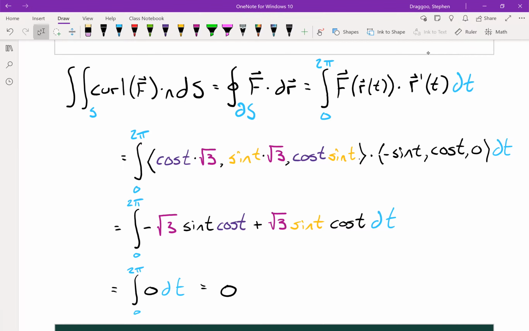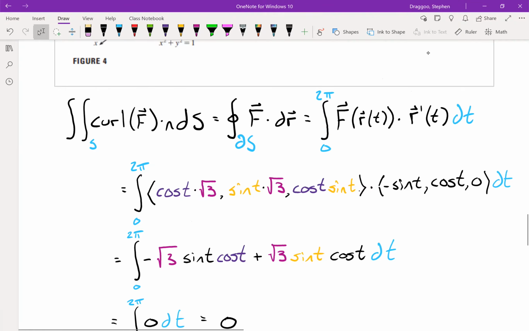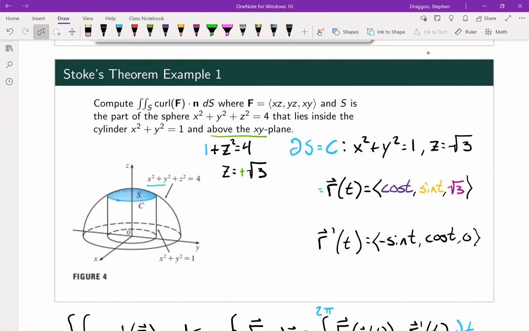One interesting point that we should probably talk about right here is that when we're taking the surface integral of the curl of f dotted with its normal vector, we find that the only part that's important for calculating that surface integral is its boundary, which means I could have two different surfaces with the same boundary, and that surface integral of the curl is going to come out to the same value both times.